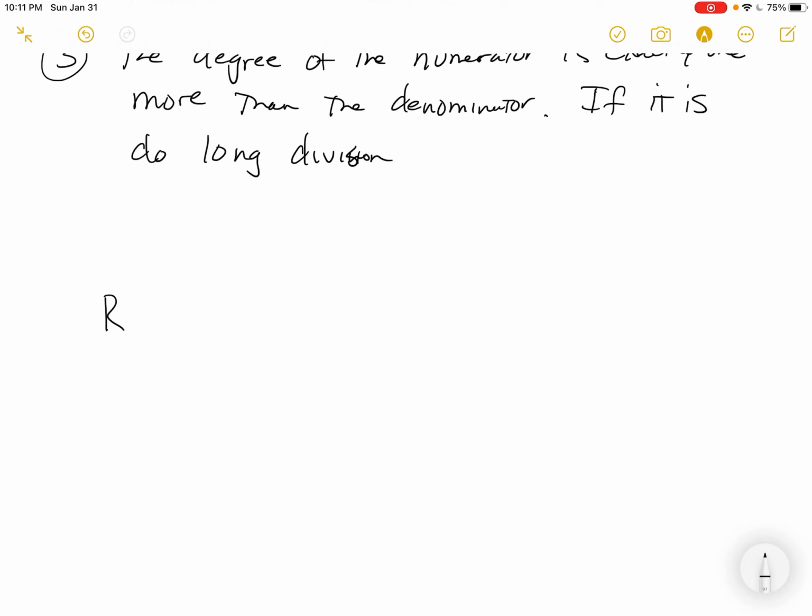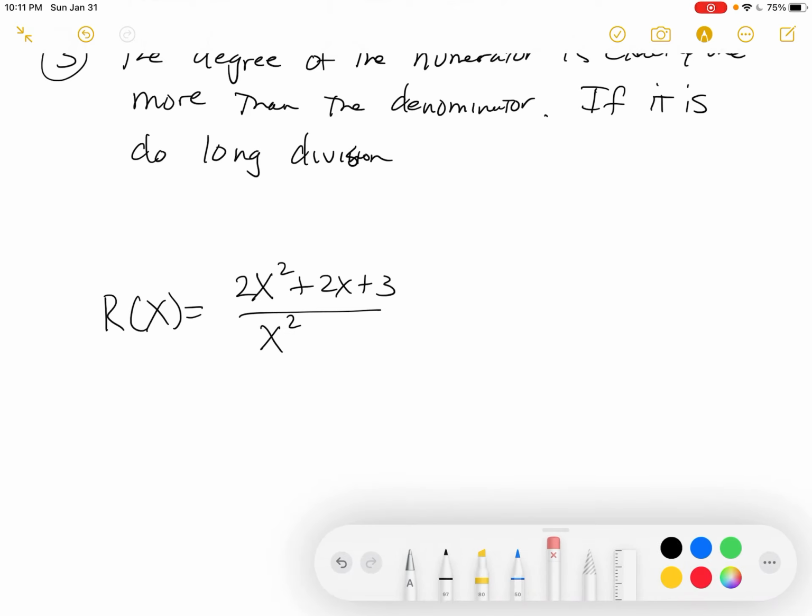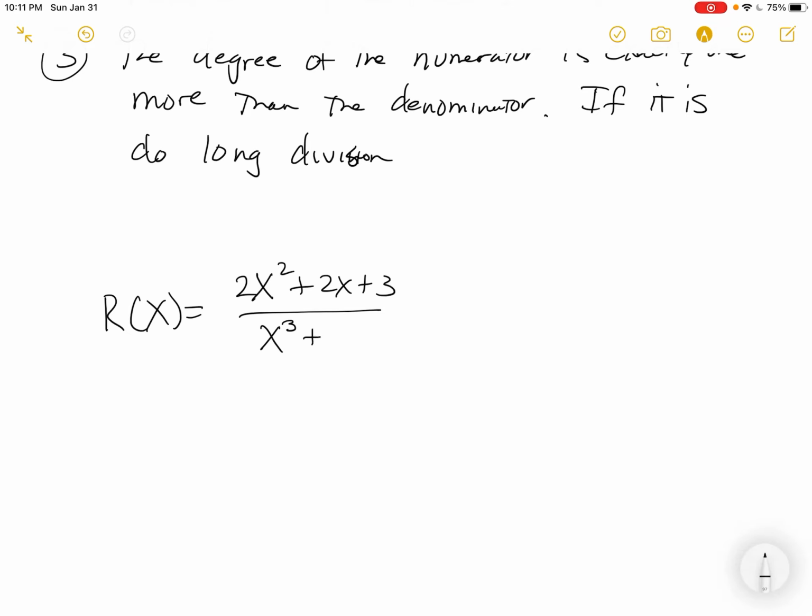Let's take a look at this function. R of x is equal to x squared plus 2x plus 3 all over, actually let me do 2x squared plus 2x plus 3 all over x squared. Actually, let me do it like this. I'm going to take a step back. All over x cubed plus 1.